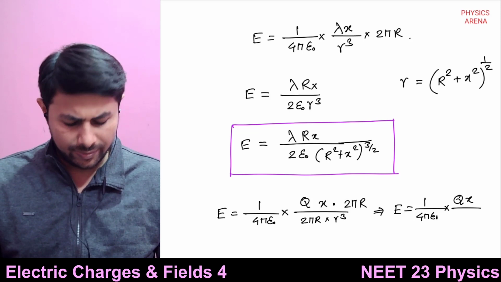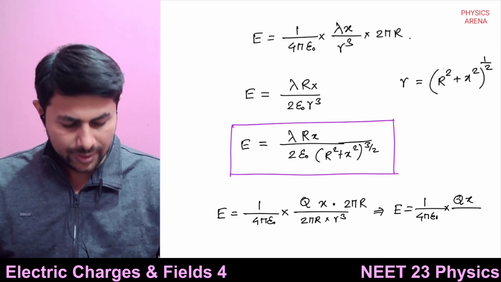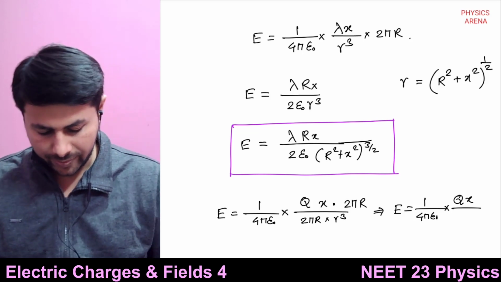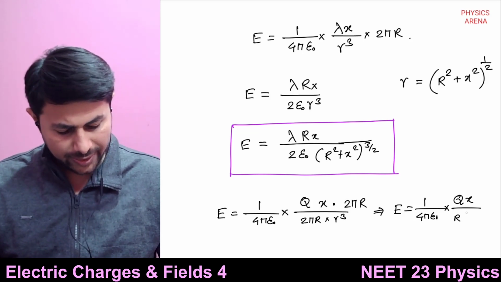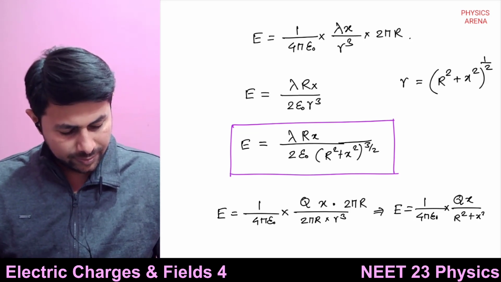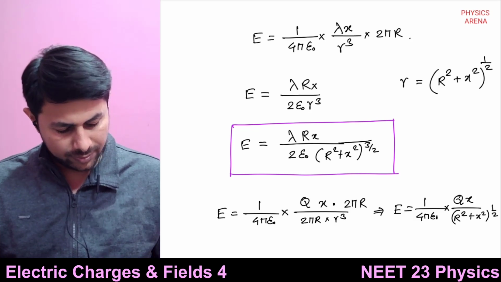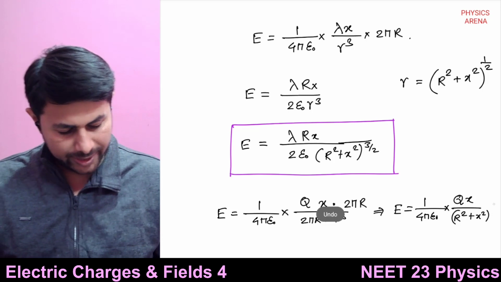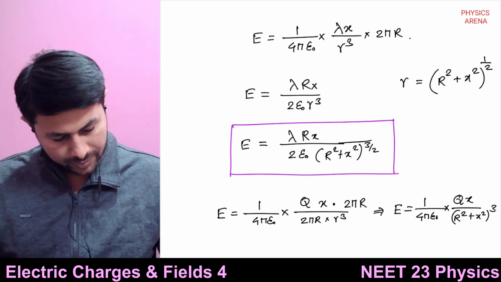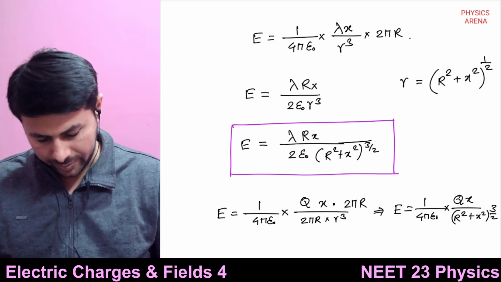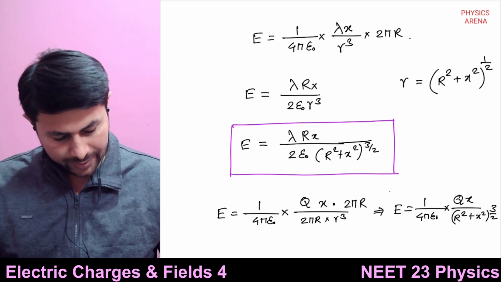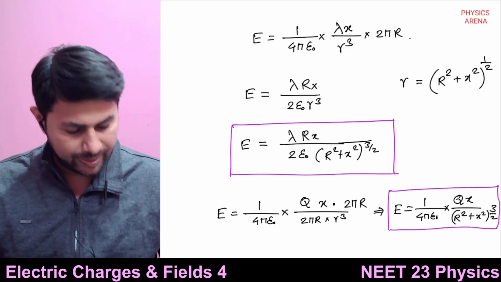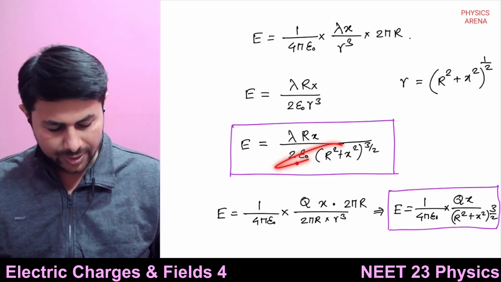But what is small r? Small r is R square plus x square raised to half. So we'll substitute that. It will be 3 by 2 because we have cube of it. So we get this another formula which is actually quite simple to memorize compared to this one.